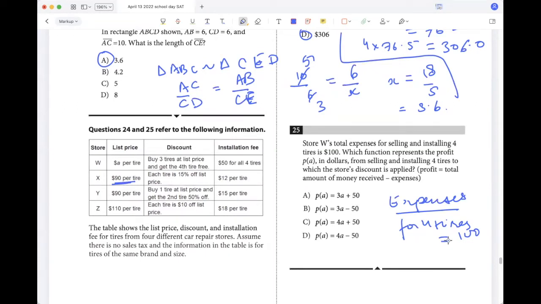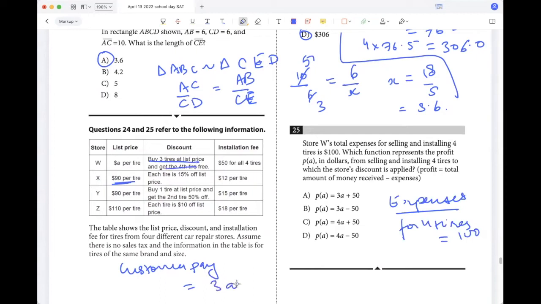Right, right. Yeah. Okay. So when you have, so effectively, yeah, just a second. I'm trying to figure this out. So how much does the customer pay? Customer pays, because you're getting 3 tires at list price and the fourth one free.